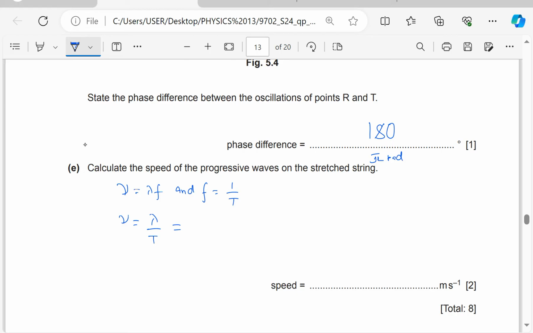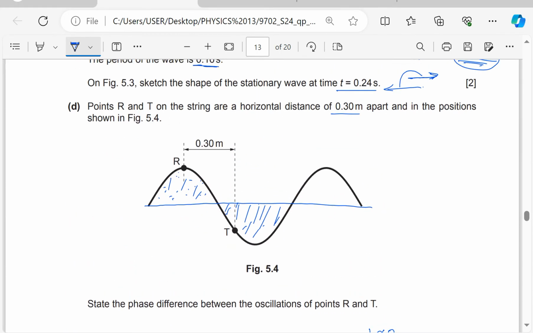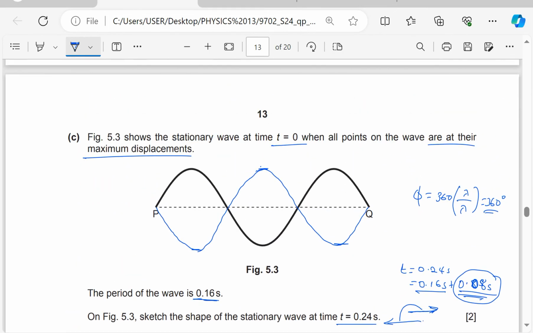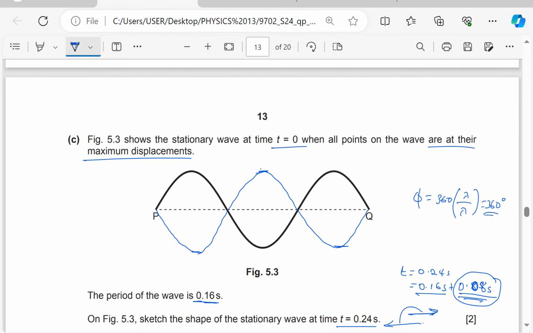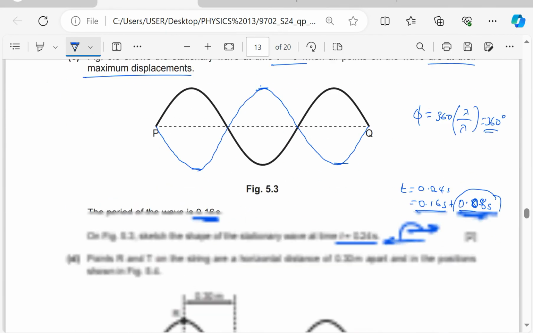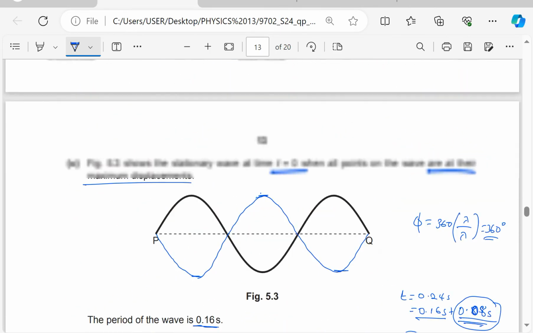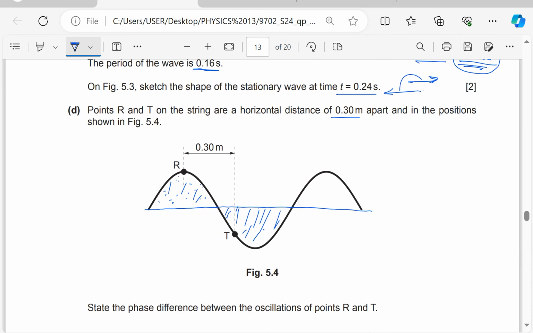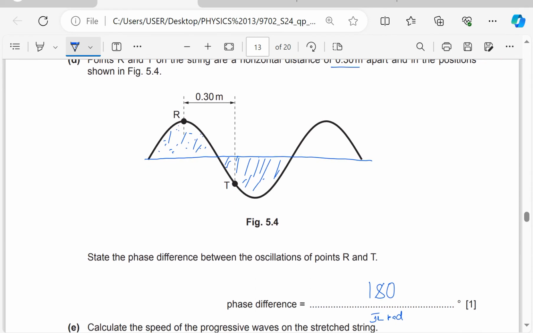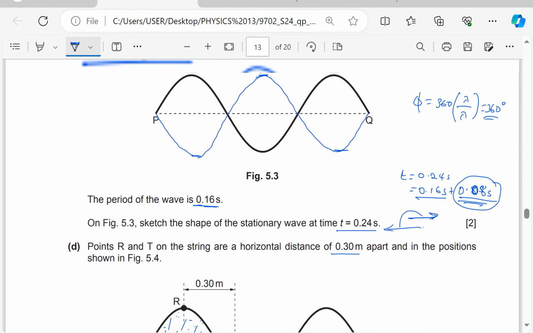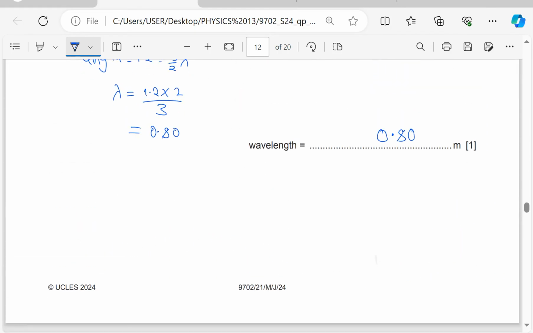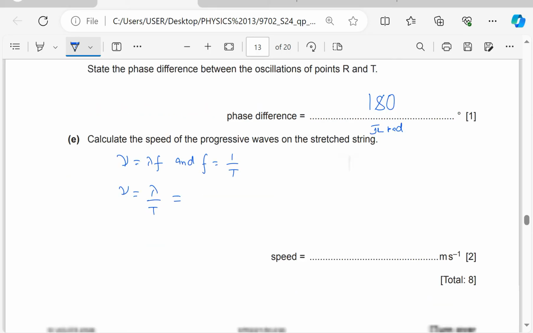So I'll substitute. What is the wavelength? I think the wavelength was 0.8. Yes, the wavelength was 0.8.